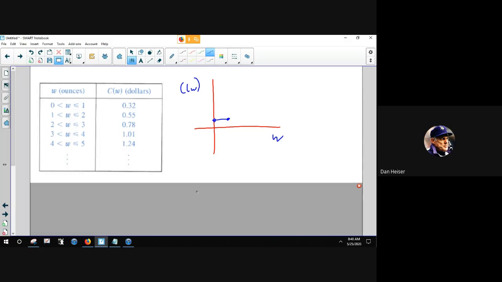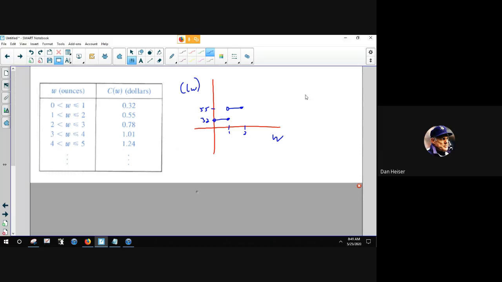From W equals 1 to 2, now we're at 55 cents. So open circle, because I can't have 2 closed. And it also says 1 is strictly less than, not equal to. So from 1 to 2, we're at 55 cents. And so on and so on. You get the idea. There's a visual representation of this numerical data.